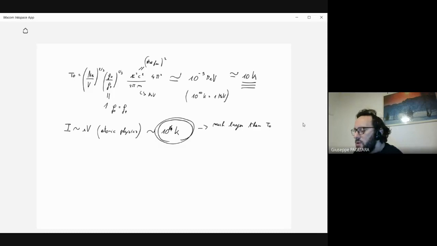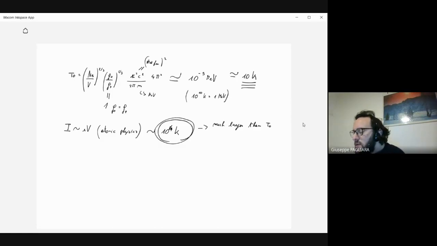Okay, so this is important because now we have two scales in the system. One of them was already somehow intuitive, which is the scale of ionization energy, and we have another scale, this T0, coming from the statistical mechanics calculations, which is actually much smaller. It is of the order of 10 Kelvin.